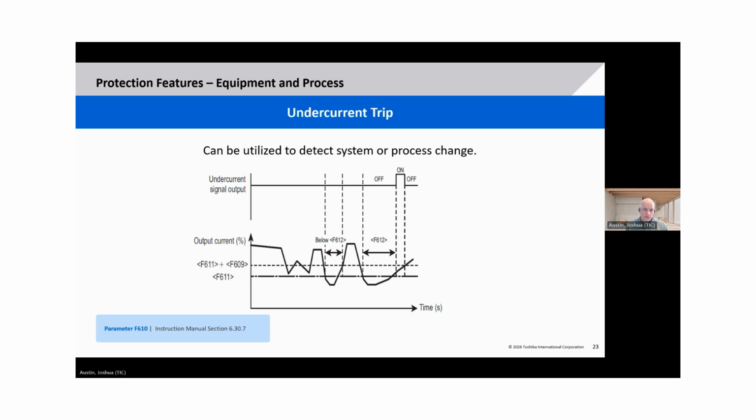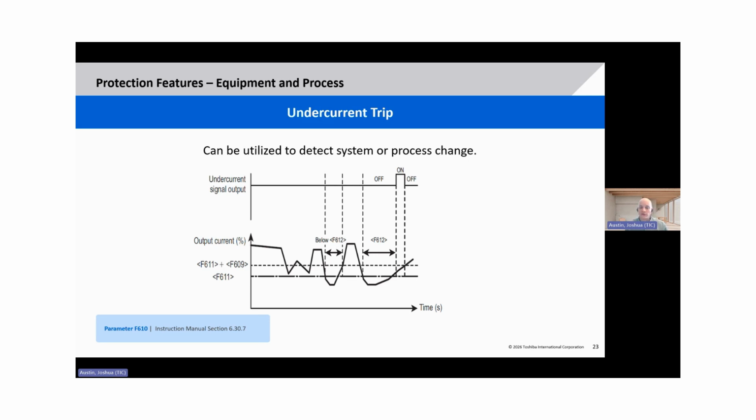And in that chain of operation between the drive and the load, something may break, right? That pulley may break, that belt may break. In some of those applications, once it breaks, the motor will still continue to operate, but it's no longer connected to the load. And so the current that motor is pulling is now drastically reduced.